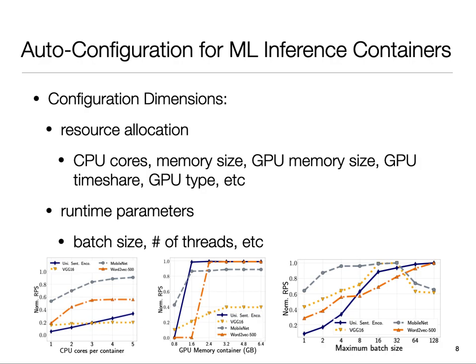As we can see, a good configuration yields over 10 times the RPS of a bad one. We also observe that these configurations may vary across different dimensions.